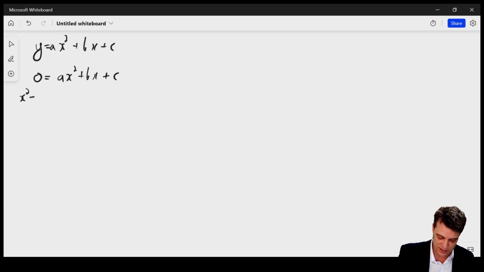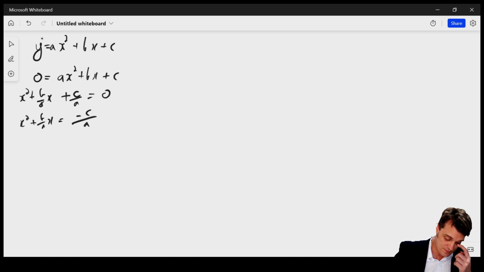So we end up with x squared plus b on a x plus c on a equals 0. Now we'll take the c on a onto this other side, so we will end up with x squared plus b on a x equals minus c on a.